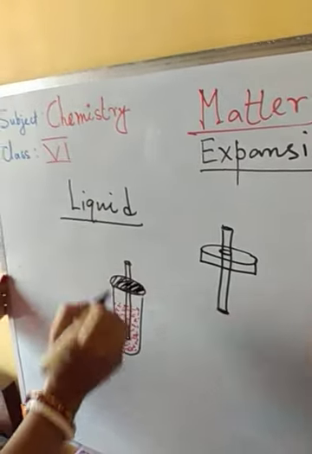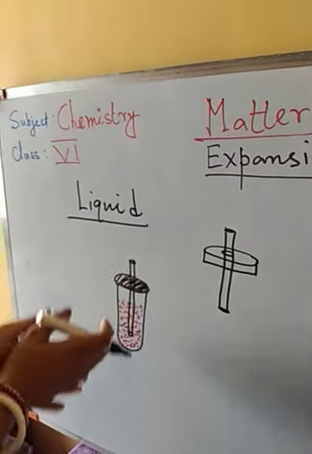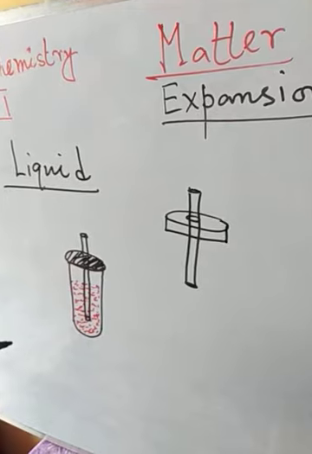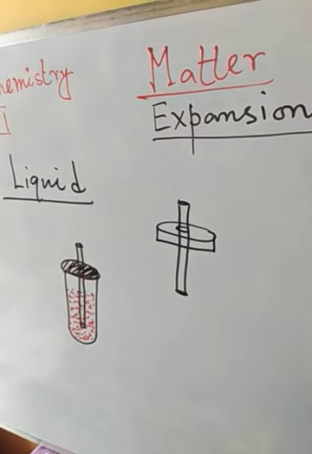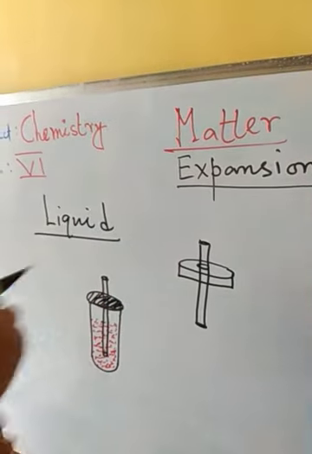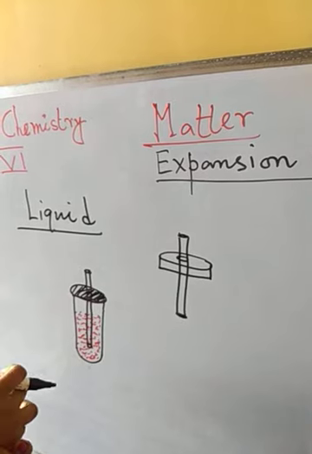We cannot see this through the cork, but a little bit of the capillary will be out of the test tube, out of the cork, and the maximum part will be inside the test tube.